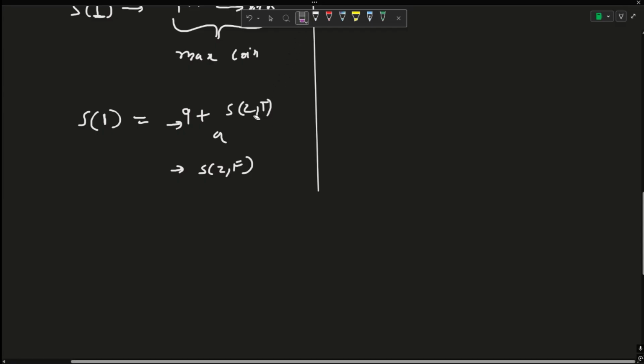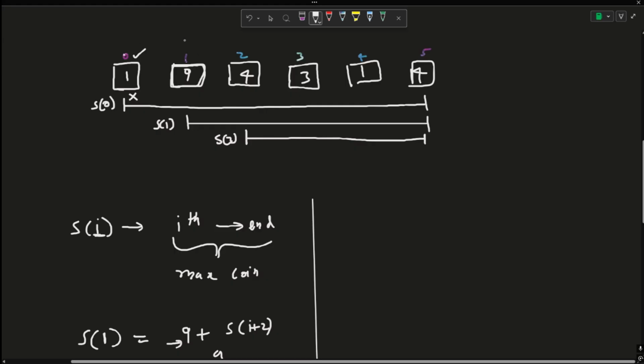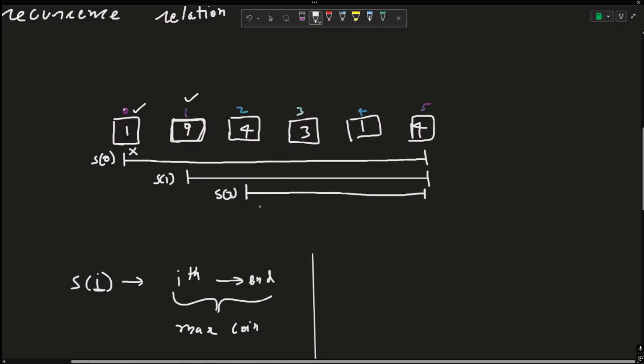So I rob the current house, and so it's true. So instead of true, I pass I plus 2. What I mean by this is, I robbed this house, so why would I calculate S2?